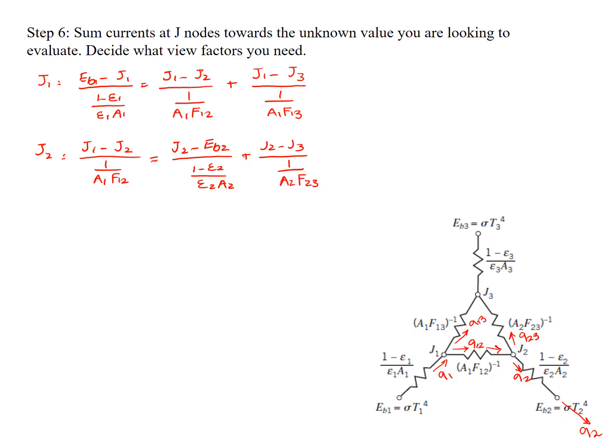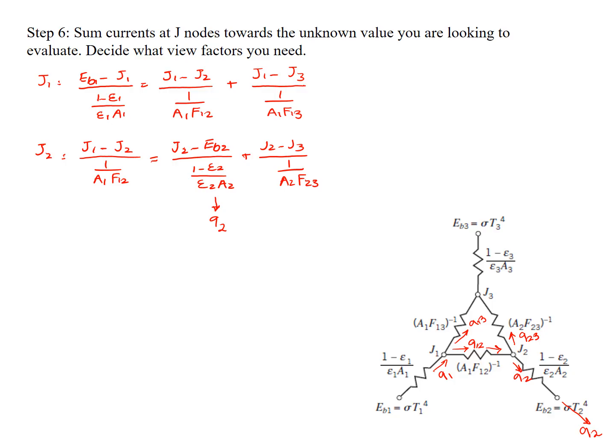Now how is this going to help me calculate the Q2 value? If you take a look at node J2, this value is my Q2 value. In order for me to calculate this, I do need to have some values.